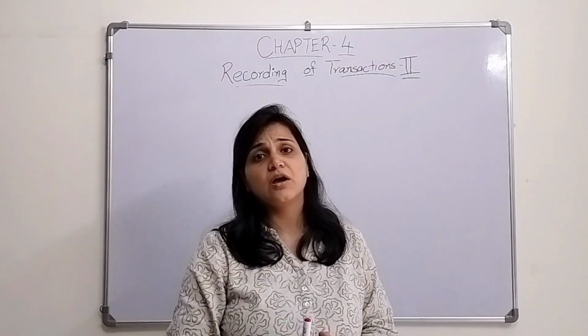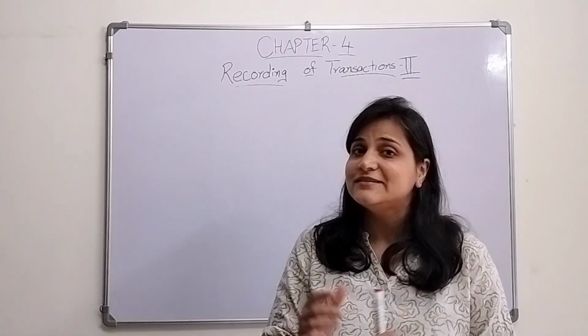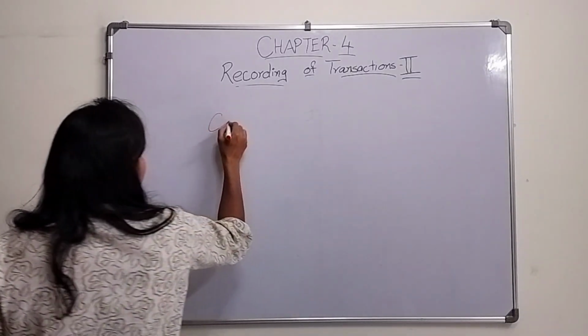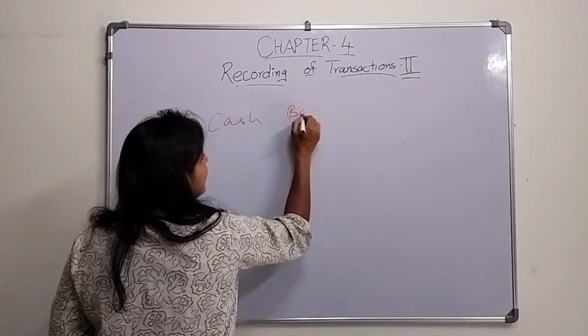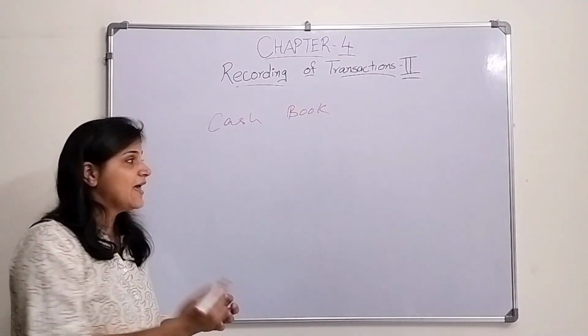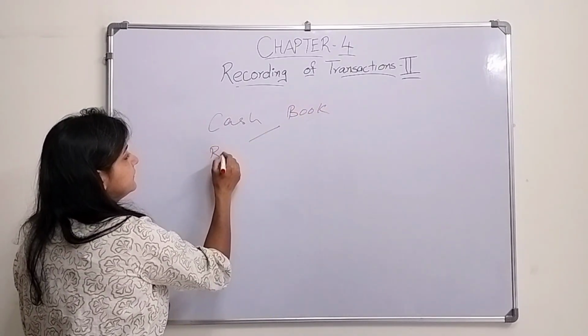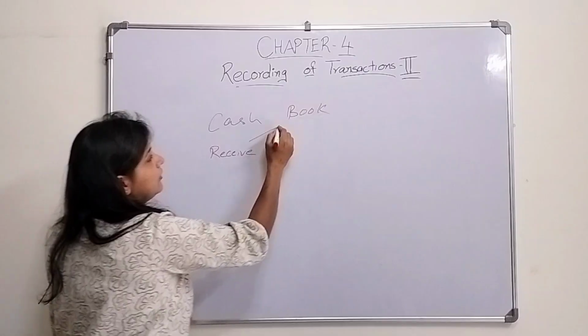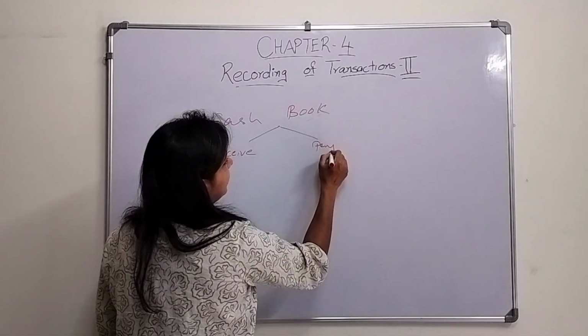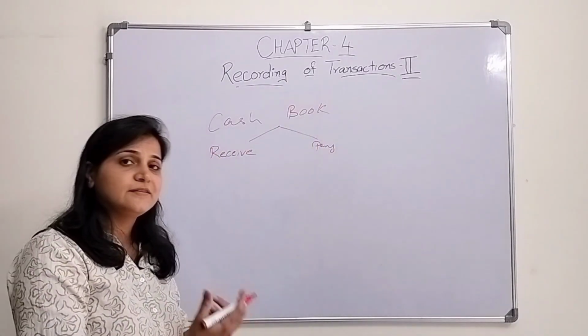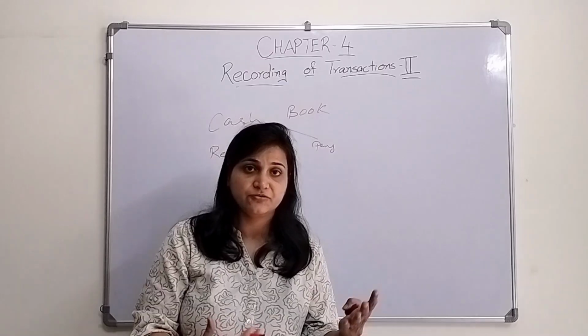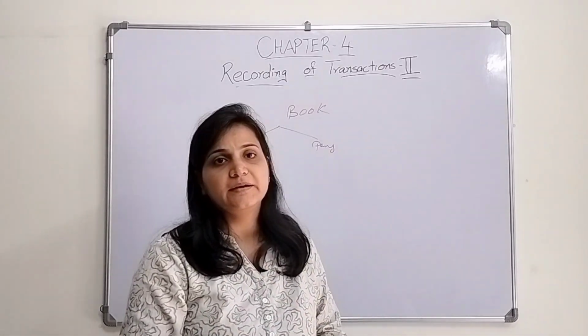Now we will talk about the cash book. What is a cash book? In a cash transaction, what will happen? We will either receive money or we will pay. So there will be a receipt and there will be a payment in the transactions that we are dealing in.